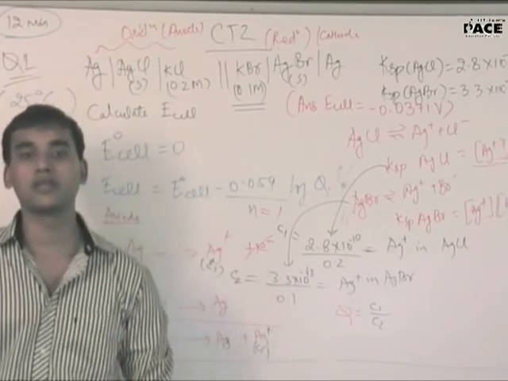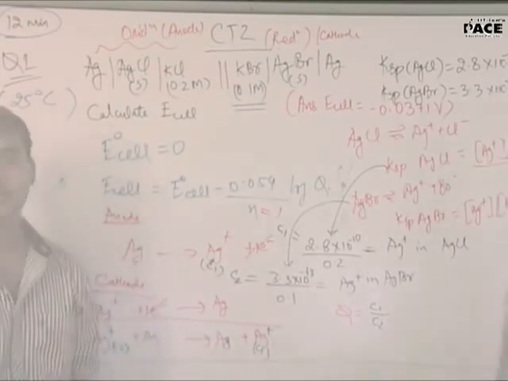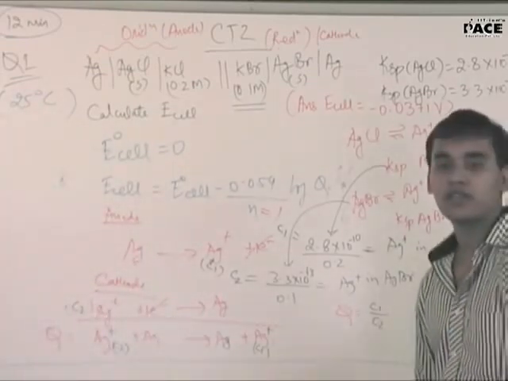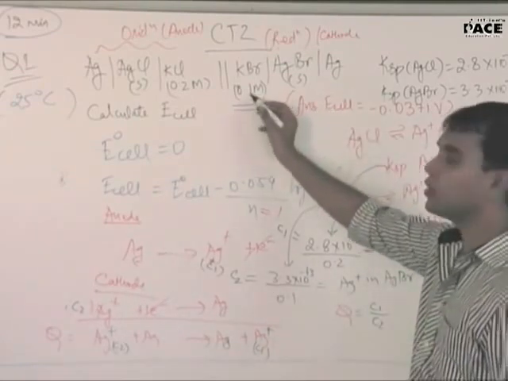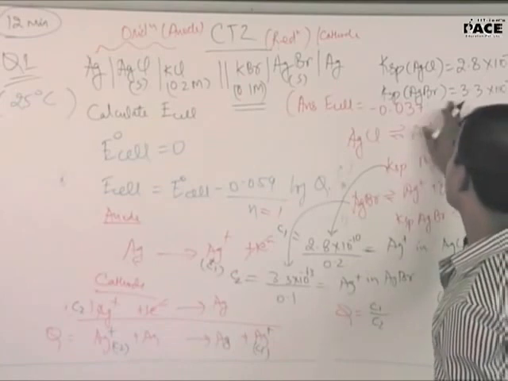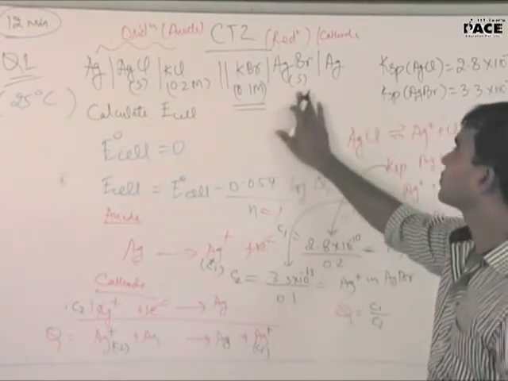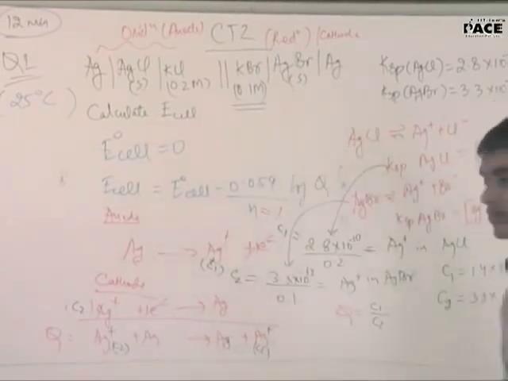Same thing but the answer is not the same. So the answer is right. You will get the same thing. What is C1? 3.3 into 10 to the power minus 12. Okay, this you have taken it to be 0.1, right? Then this is not the answer in that case. If you take it as 0.01, then you will get this answer.